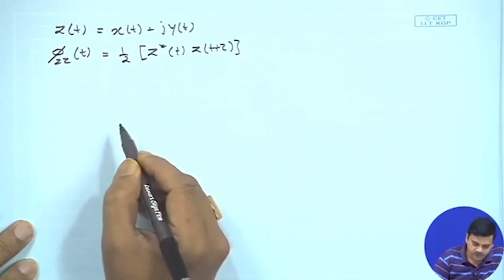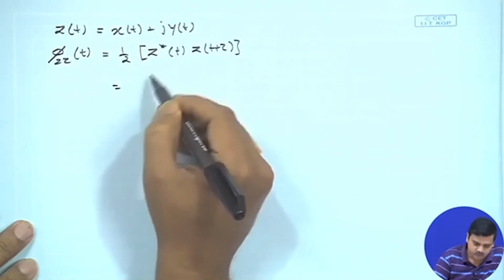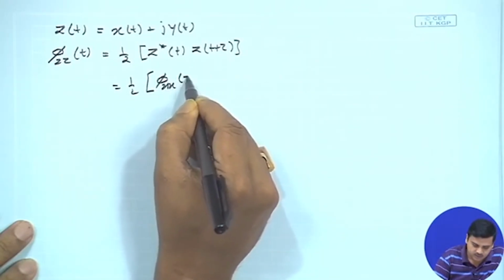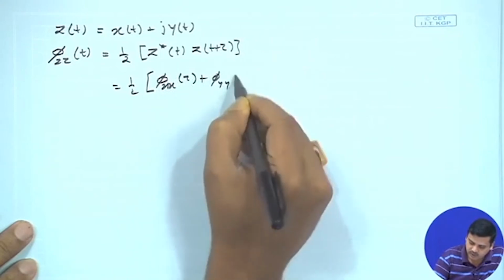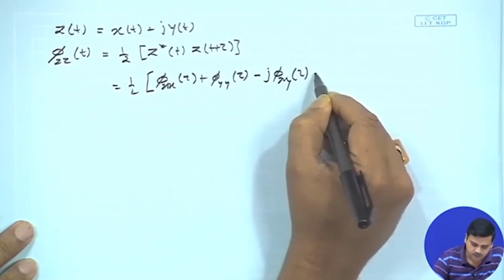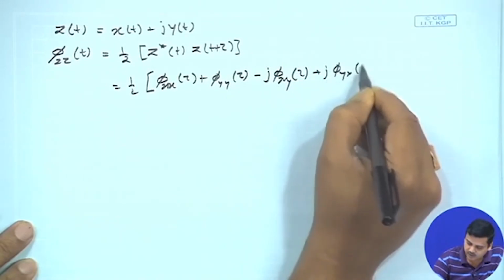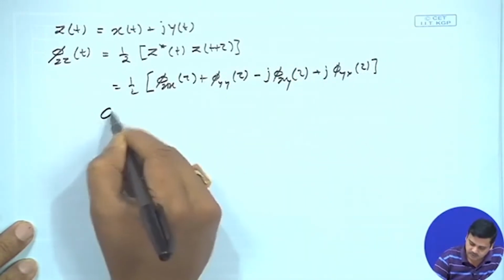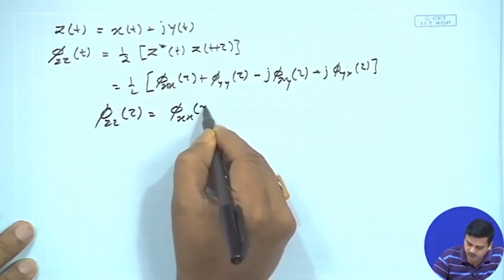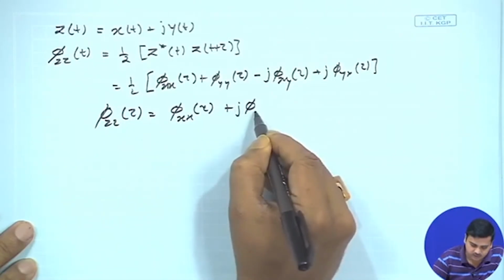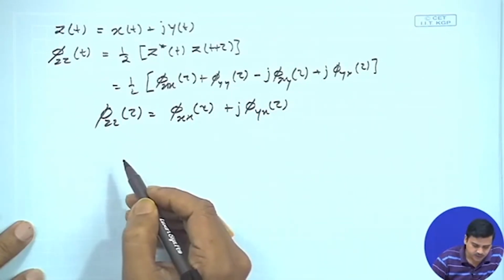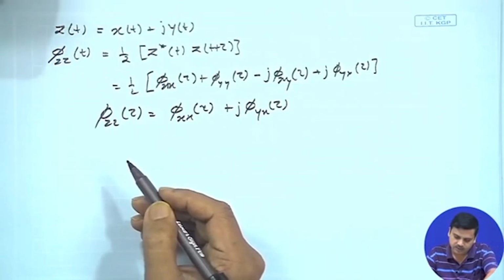This is the way of defining it, and you could easily go through a few steps. You can get phi xx of tau plus phi yy of tau minus phi xy of tau plus j phi. So, phi zz of tau would be equal to phi xx of tau plus j phi yx of tau.